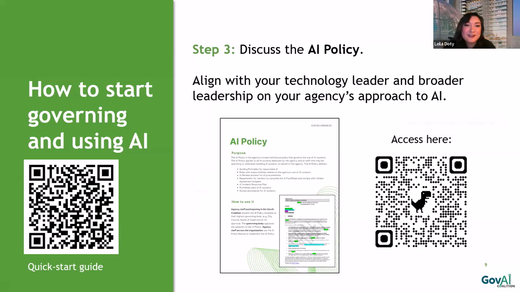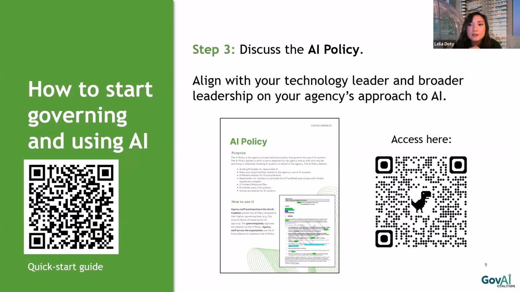Awesome. Thank you, Angela. So once you've assembled that AI dream team that Angela was just talking about, you're going to want to start discussing the AI policy for your agency. The AI policy is that high-level agency-wide approach that essentially lays out how your organization is going to be, one, using, and two, governing AI at that high strategic level.